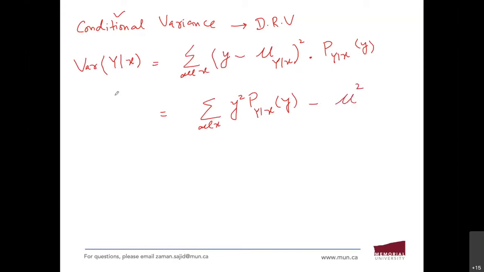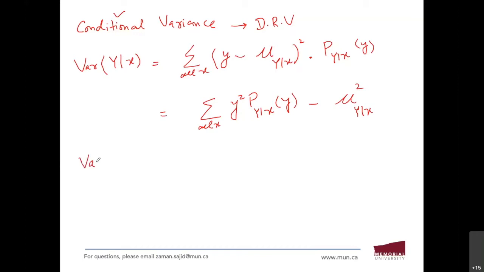And because we are interested in y given x, it should be y given that x.